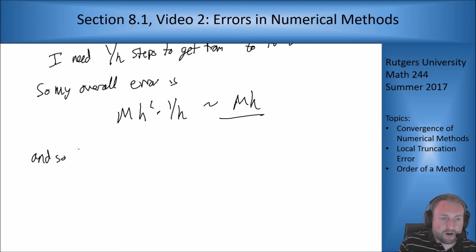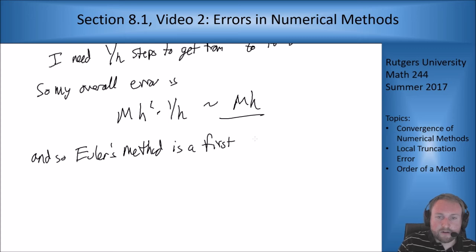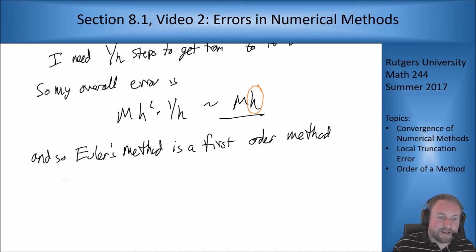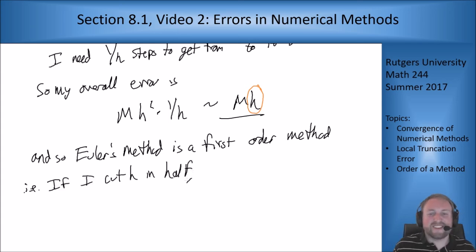And so Euler's method is a first order method because of the h to the 1 that shows up here. Now how we could use this idea is that what happens if I cut my step size in half? What can I expect to see for my error?